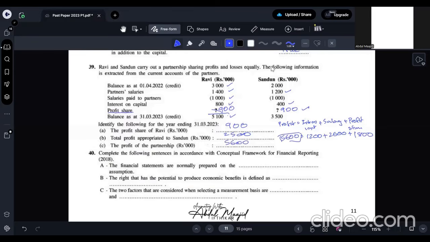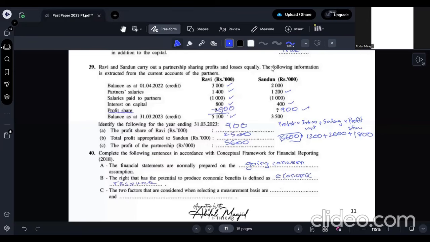Complete the following sentence in accordance with conceptual framework for financial reporting. The financial statements are normally prepared on the going concern assumption. Going concern assumption. The right that has the potential to produce economic benefit is defined as economic resource, not just resource, economic resource.